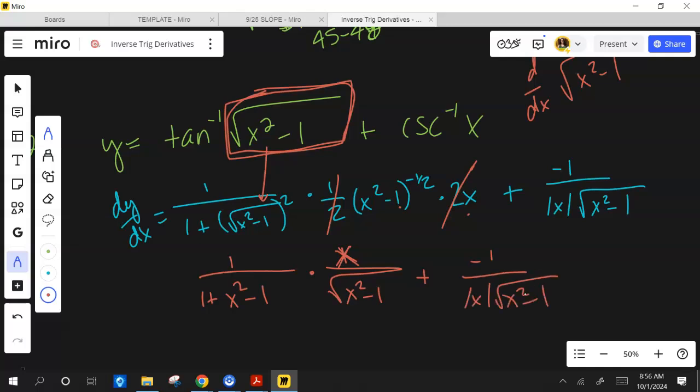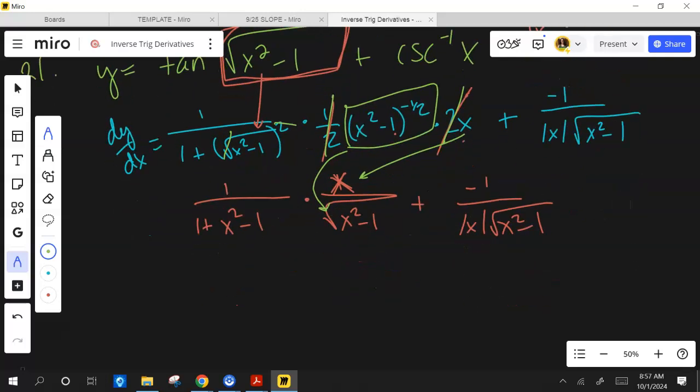Okay, let me show you what I did. Stay with me. This cancels, right? This cancels, right? x stays up top. This is a negative exponent, so it goes down to the bottom, and the 1/2 means it's a square root. And then I would probably just combine those two fractions.